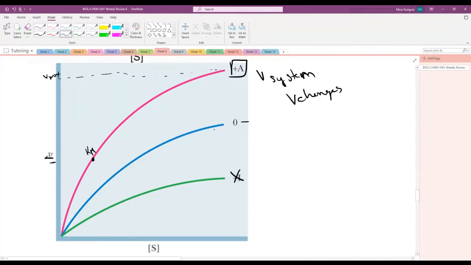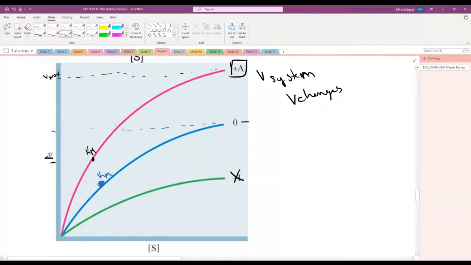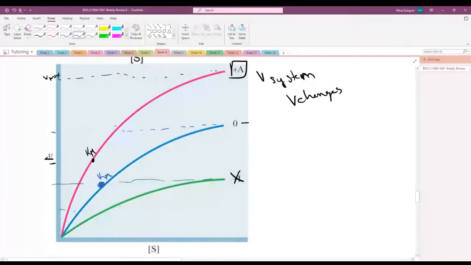Switching colors to do the normal, or unaffected, one. So Vmax is here. Half of that would be maybe here, and Km ends up being somewhere around there. Obviously I am not the best at approximating this. My lines are not always straight, but you can see that Km is relatively stable.